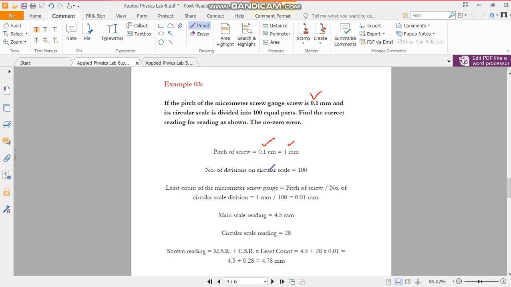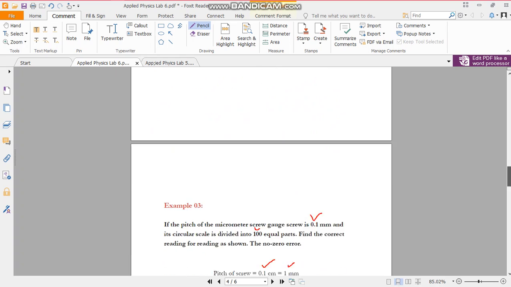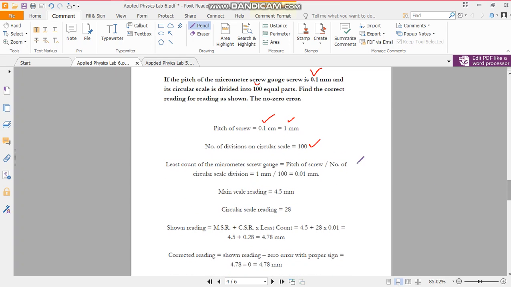The number of divisions is 100 parts. So what is the least count of the micrometer screw gauge? Pitch of the screw gauge divided by the number of circular divisions, that is 100. So we get the least count 0.01 mm.